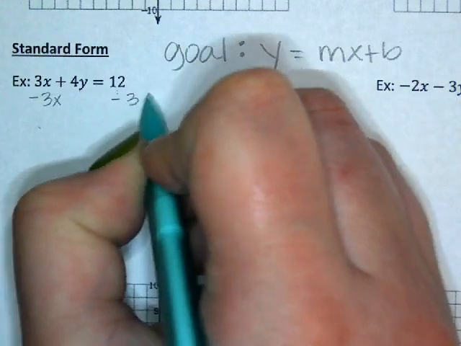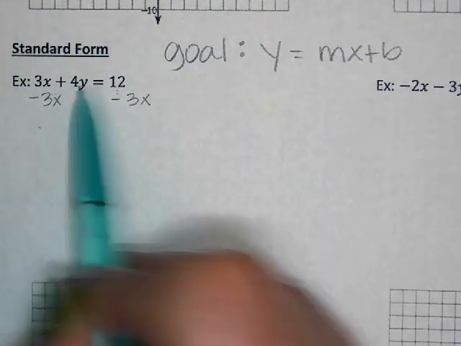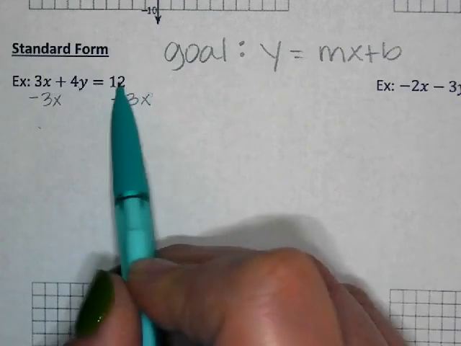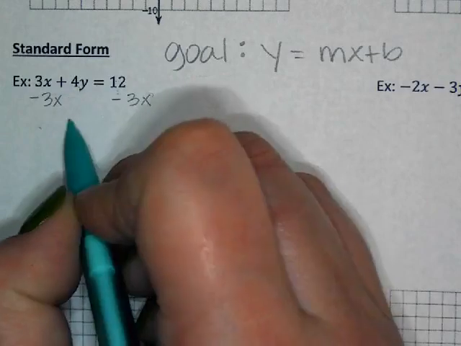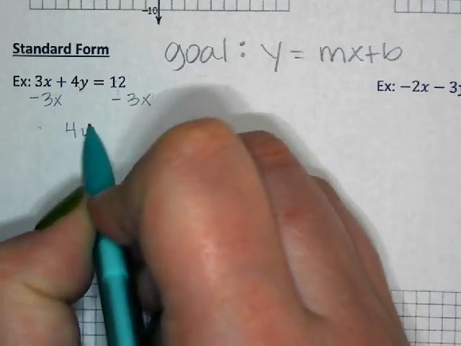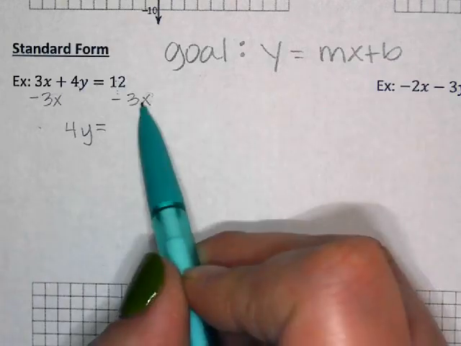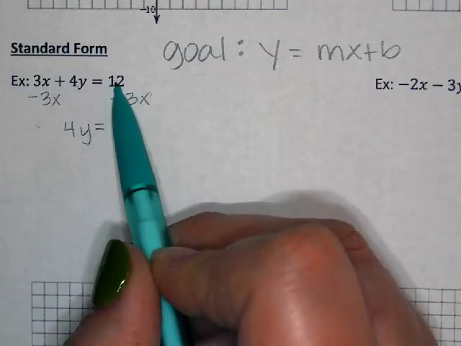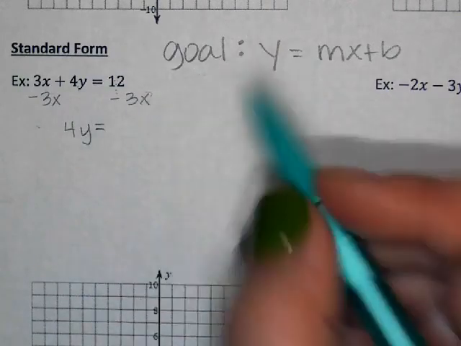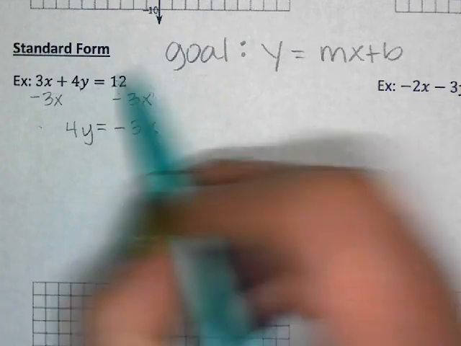So we're getting closer to the problem looking like the goal. 4y, and then because the goal is mx plus b, I'm going to write the negative 3x first, and I'm going to write the positive 12 second. So negative 3x gets written first, positive 12 gets written second.